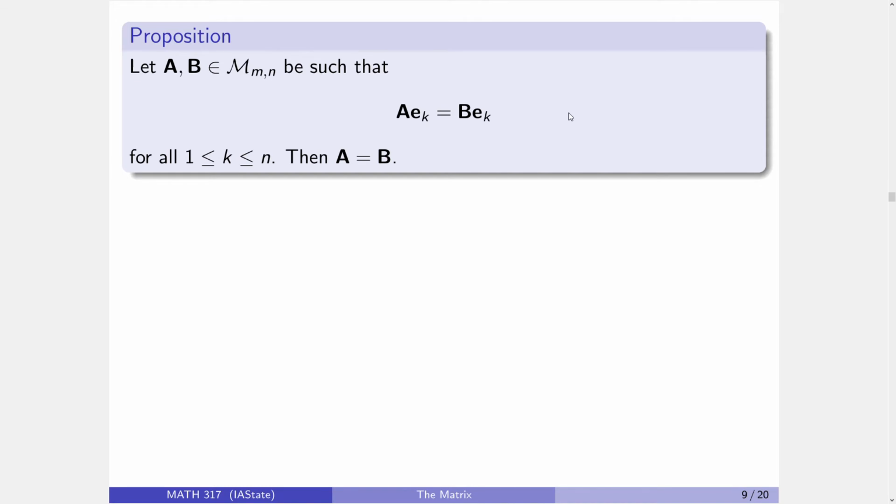All right, so let's now prove that cancellation is not possible for matrix multiplication, but if you're talking about multiplying a matrix by elements of R^n, it turns out you can kind of get cancellation. So specifically, if I have two matrices, and I know that multiplying them by the standard basis elements of R^n, so note for the columns, if I know all of those line up, then I know the matrices are the same.